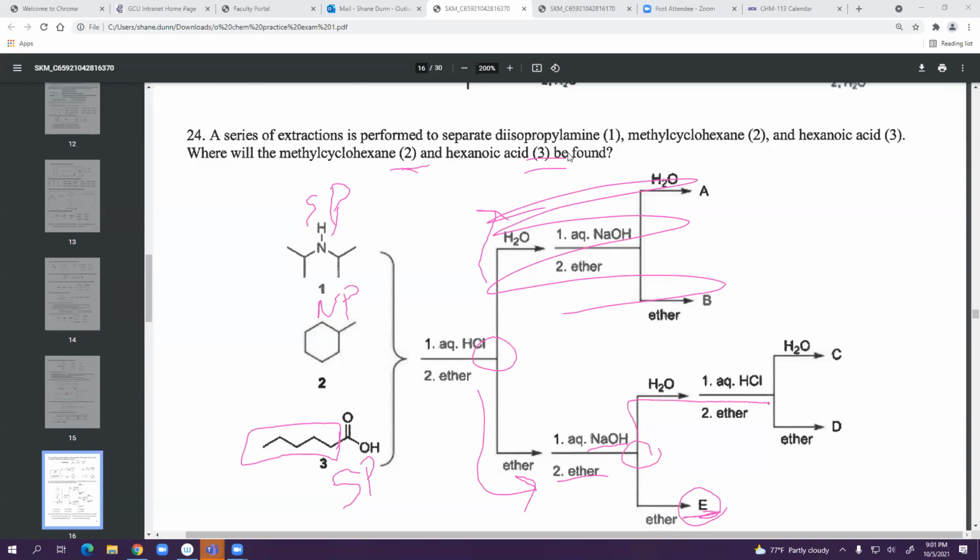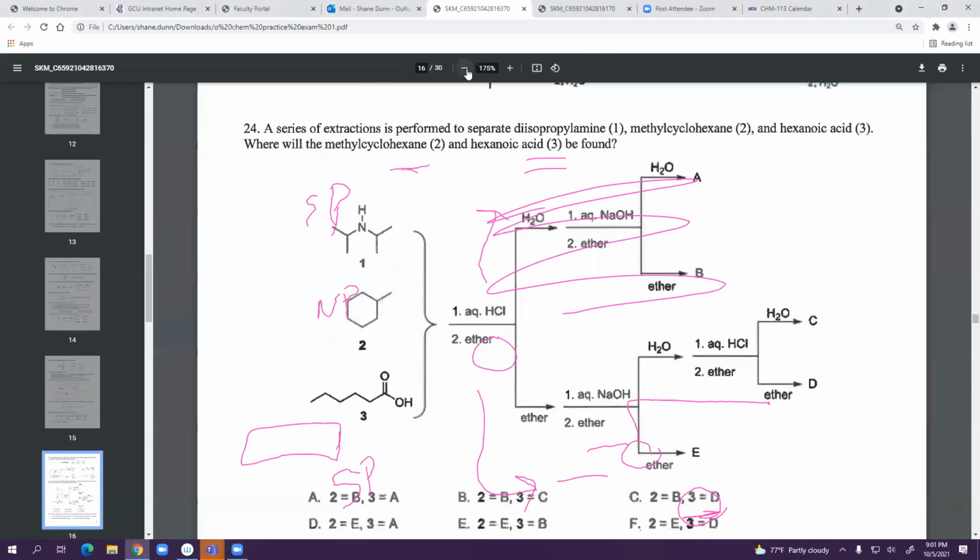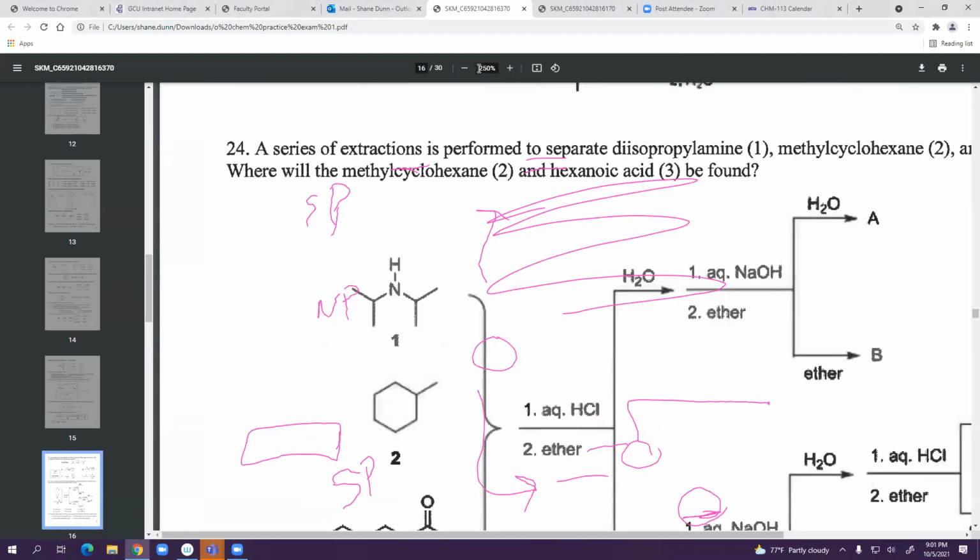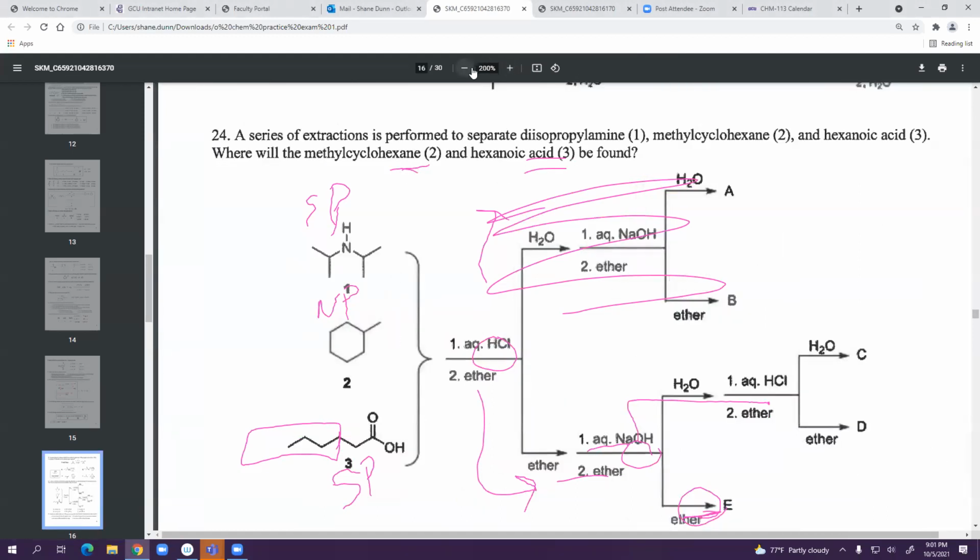And then it's going to end up... Let me just check something real quick. I believe it ends up in D. Yes, it does. It only goes up once because it's the only thing it can do. And then it goes down here. That is the layout for that molecule.